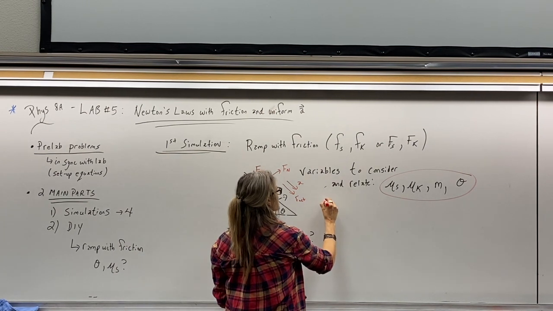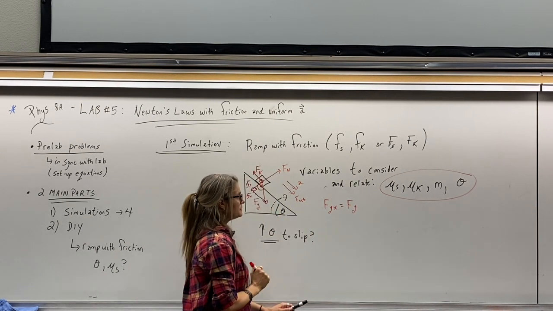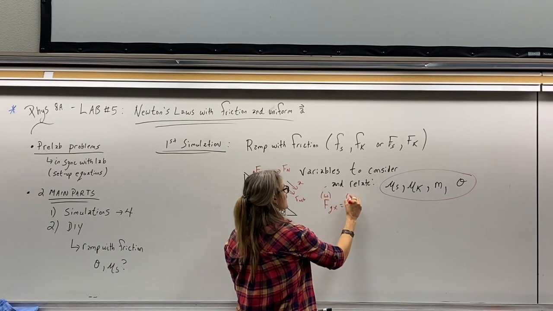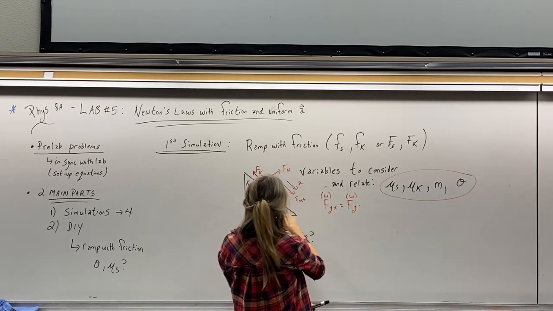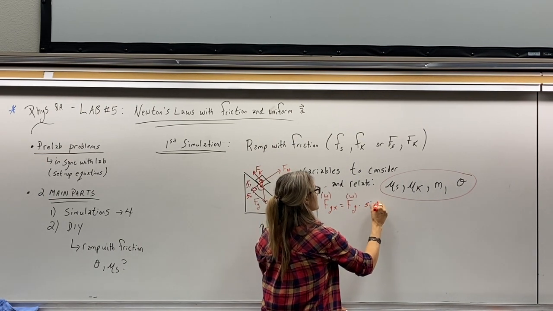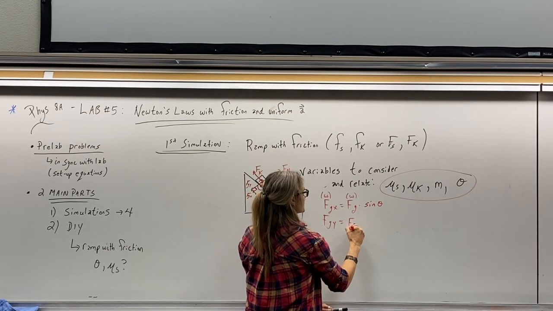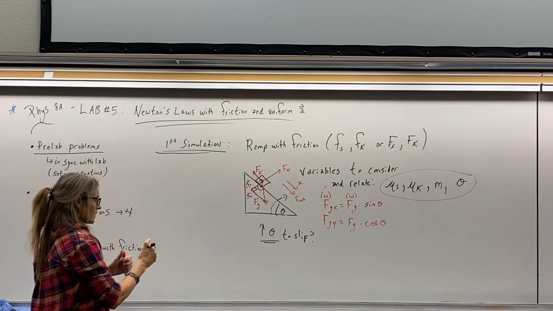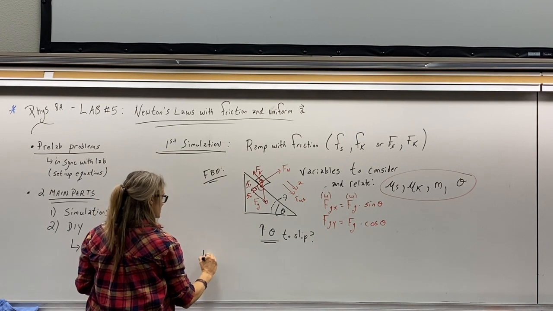So the component Fgx will be Fg, or your weight mg, times, in this case, sine theta. And then we have Fgy equals Fg times cosine theta. Okay. And this would be your free body diagram. And then your equations of motion.